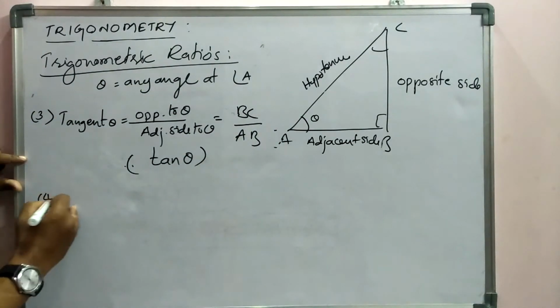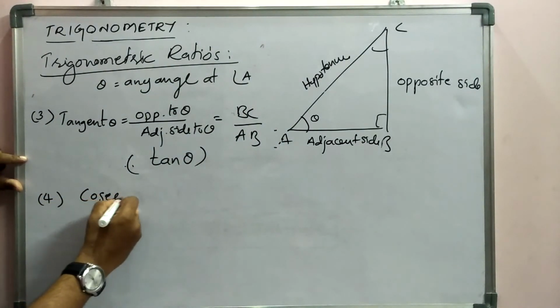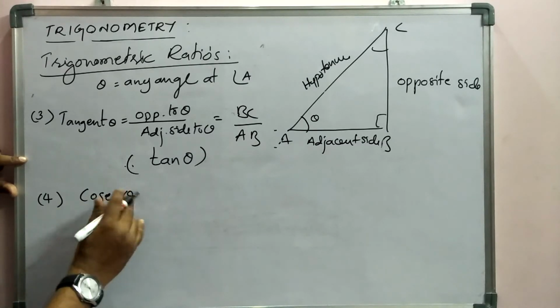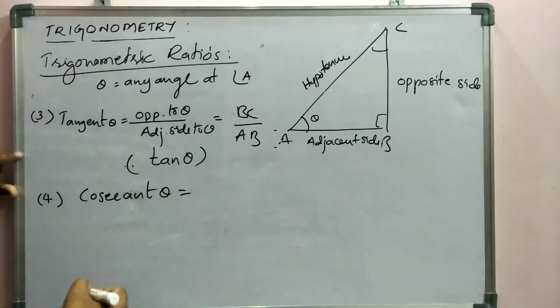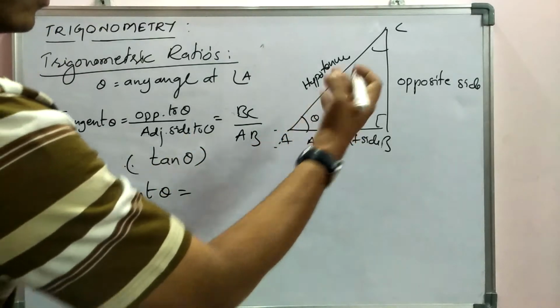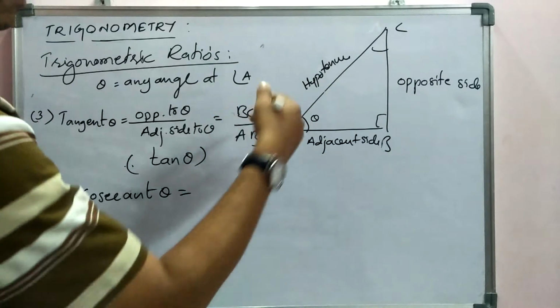Then the fourth ratio is cosecant theta. What is cosecant theta? First, opposite by hypotenuse was completed.